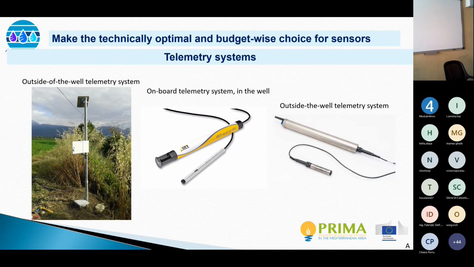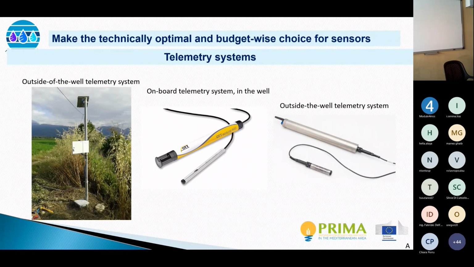So these are the three main conditions, and another difference in the outside-the-well telemetry system is that, of course, you can have the sensor stand alone with its own energy, or you can have it with the telemetry unit that drives the sensor with energy as well.